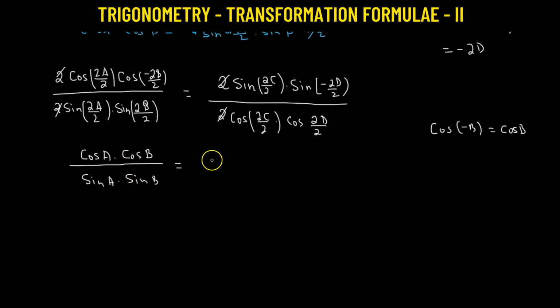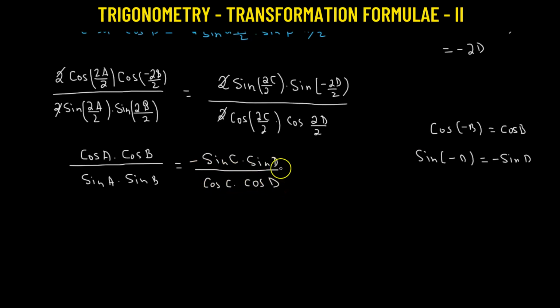That will be equals to sine of angle C multiplied to sine of angle, now we have here is negative d. So sine is an odd function, meaning sine of negative d must be equals to negative sine d. So we'll have this negative, so we'll get sine d whole divided by cosine of angle C times cosine of angle d. Fine.